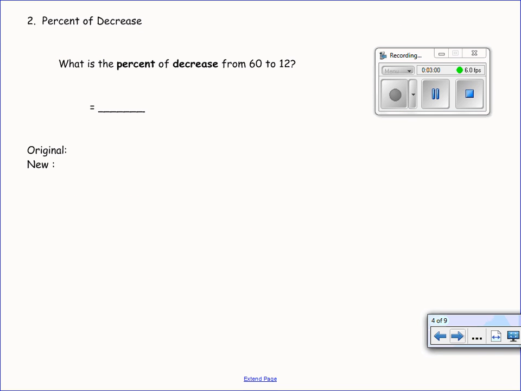Now, let's do an example of percent of decrease. What is the percent of decrease from 60 to 12? So again, you're going to take 60, you'll subtract 12, you'll get 48. 48 will be your numerator because that is the difference. Then your denominator is the original amount.